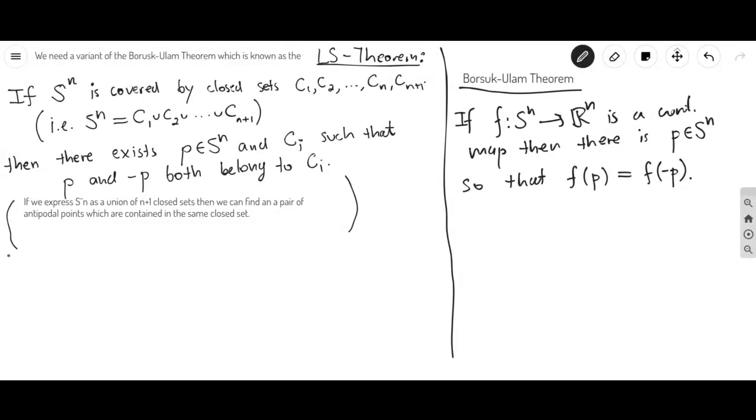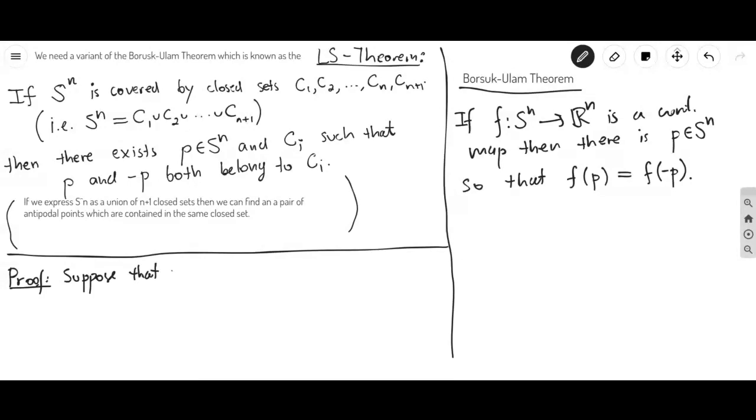So here's how the proof goes. Let's write proof. We're going to suppose that for each p, if a point belongs to Ci, then negative p does not belong to Ci, for all points on the unit sphere.